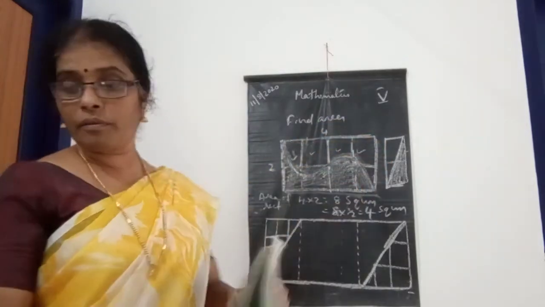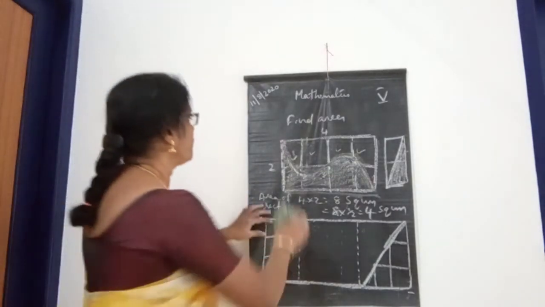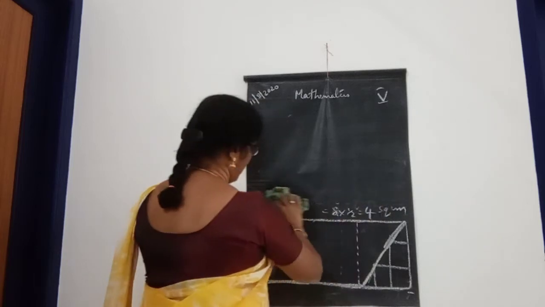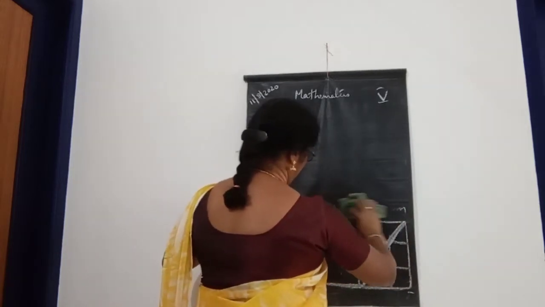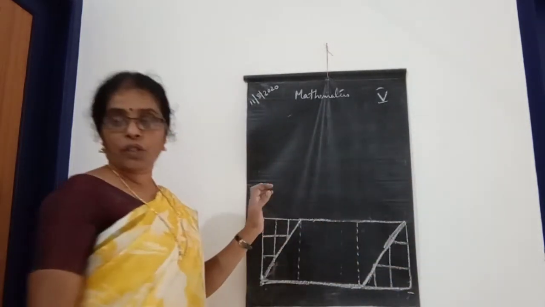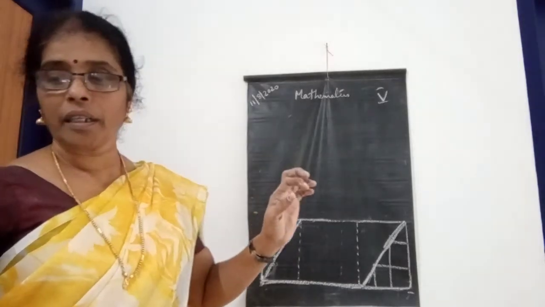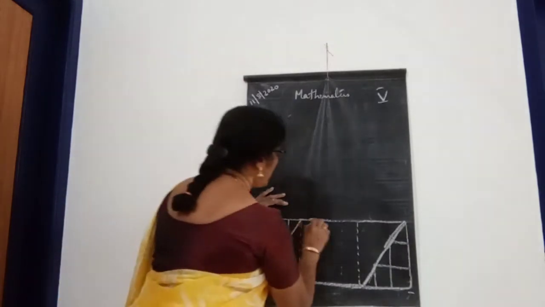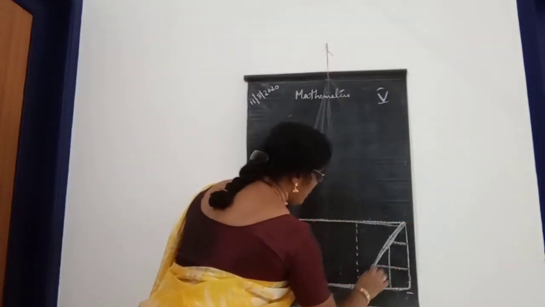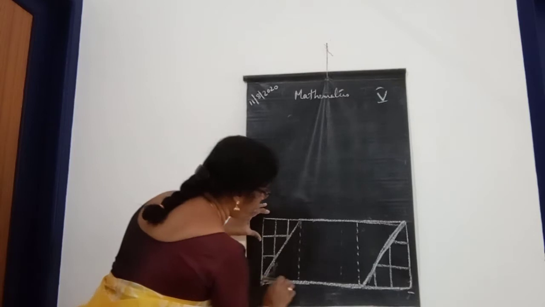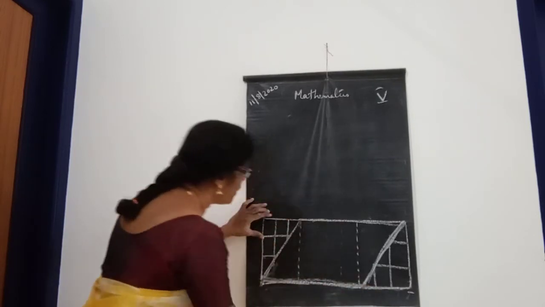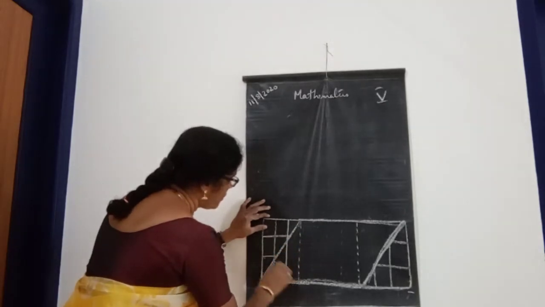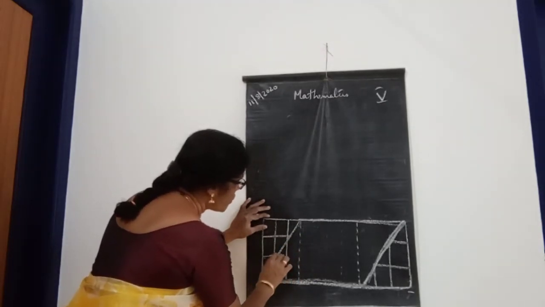Then another one. Look here, children. Yes. Next one. You have to find the area of this portion, children. For finding the area of this portion, you can join the squares, children.